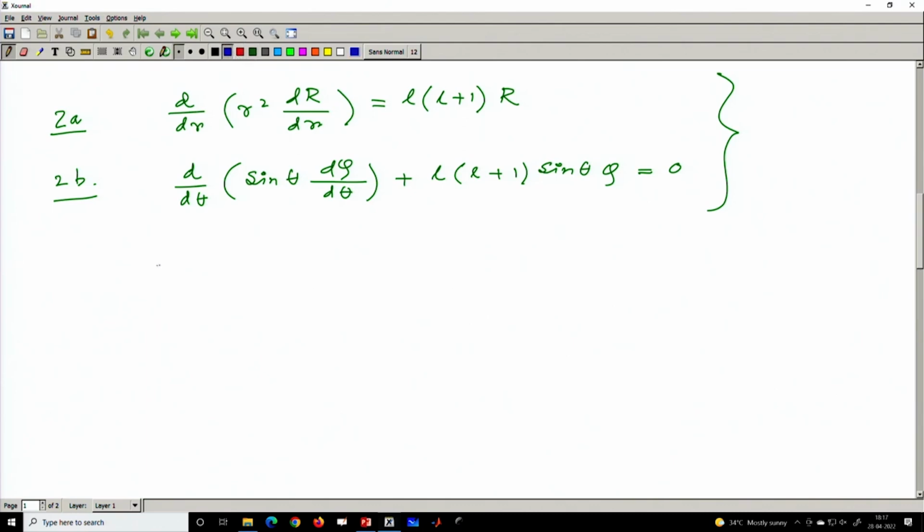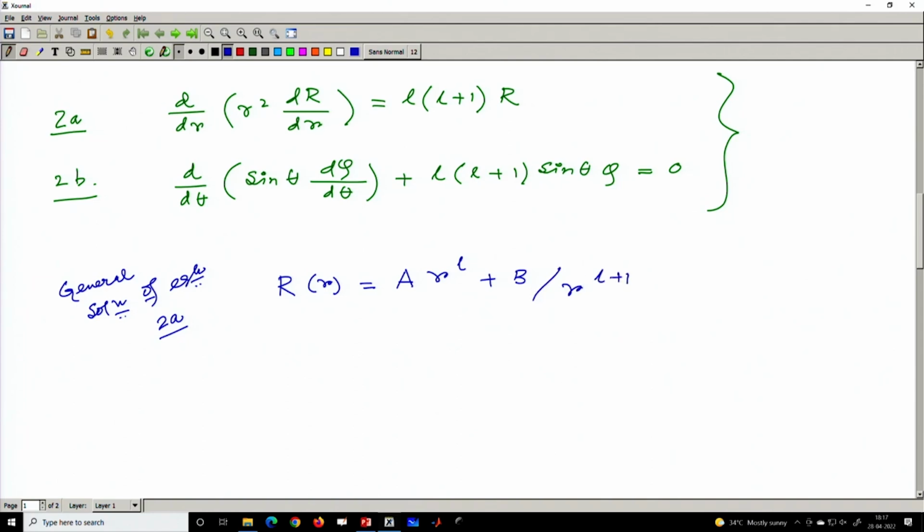The general solution of equation 2a is R as a function of r equal to a r to the power l plus b divided by r to the power l plus 1.